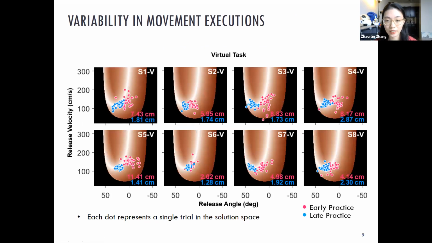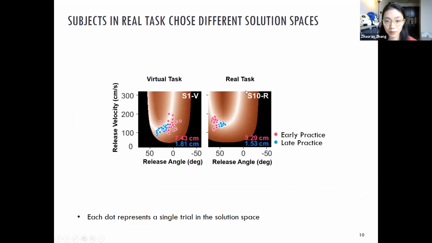Similar variability changes can be found in all 8 subjects of the virtual task, although they choose slightly different places on the solution manifold since the task is redundant. Similar findings can be observed in the real task. The only difference is in early practice, the real task is closer to the solution manifold compared to the virtual task.